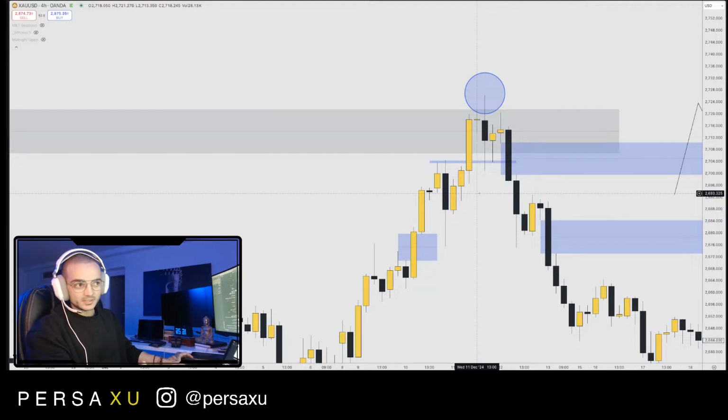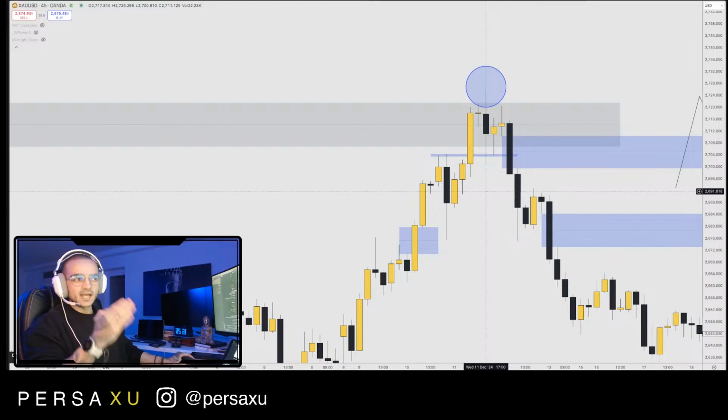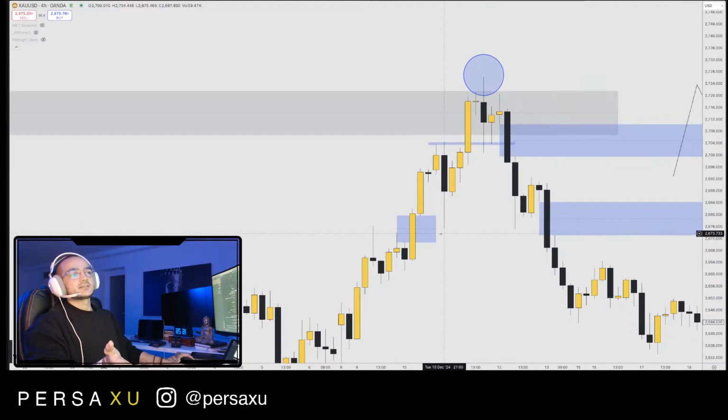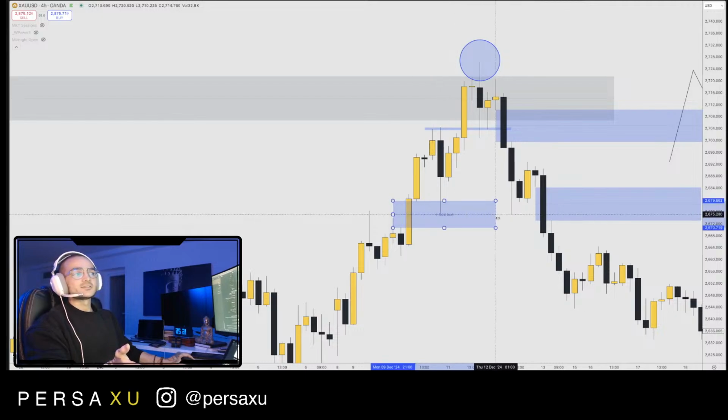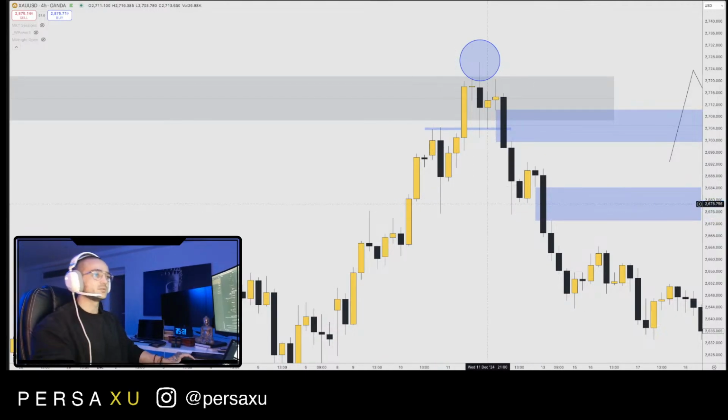So they chase the market, they go in late, they close early, they don't want to miss the next move, and so when they go in, they lose. That's actually one of the main reasons why people lose, not necessarily because they don't know what's going to happen or they don't have an idea what they're doing. It's just that this is not the easiest job in the world. If it was, everybody would be rich and millionaires.